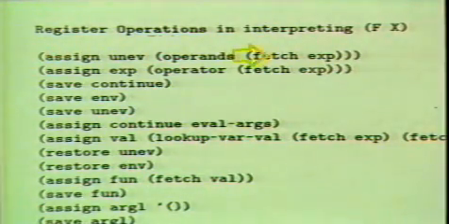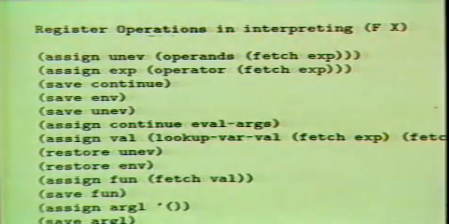It pulls the operands out of the exp register and assigns it to unev. And then it assigns something to the expression register, and it saves continue, and it saves env. And all I'm doing here is writing down the register assignments that the evaluator would have done in executing that code, and you can zoom out a little bit. Altogether, there are about 19 operations there. And this will be the piece of code up until the point where the evaluator branches off to apply dispatch.